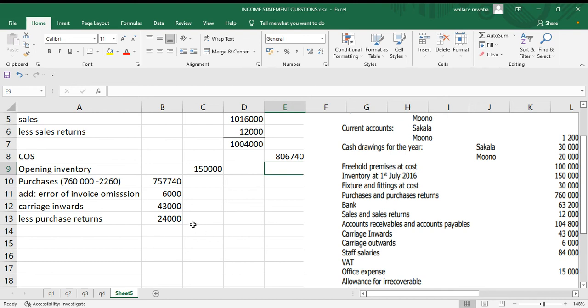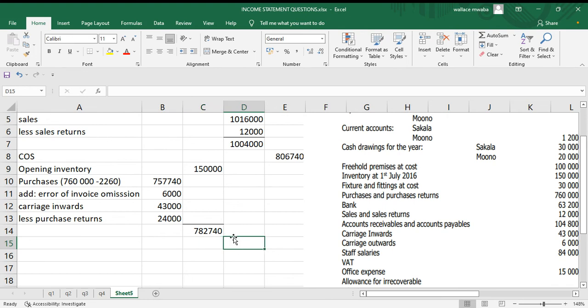Then we're going to subtract 24,000. Here I'm just going to put a line. So 806,740 minus 24,000, you get 782,740.